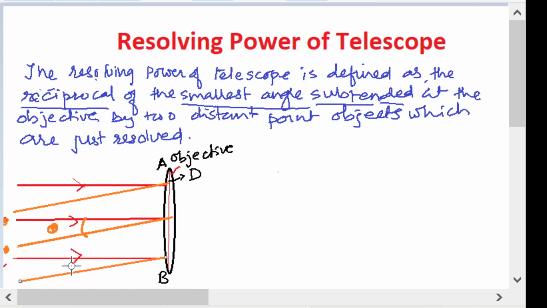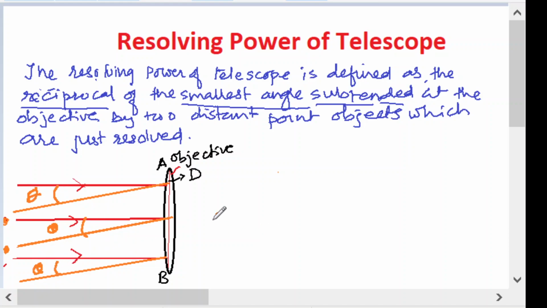So these are again parallel to each other. Here we can show this is the angle between these two, and this is theta, and this is again theta.